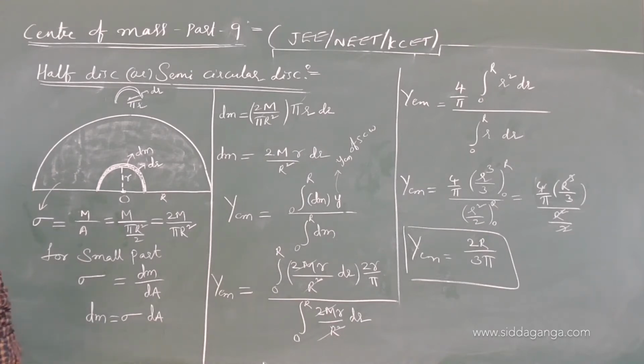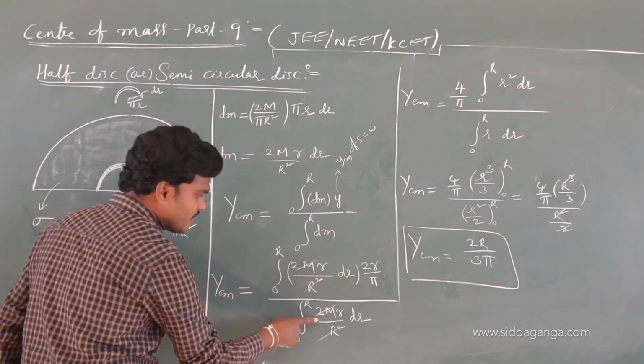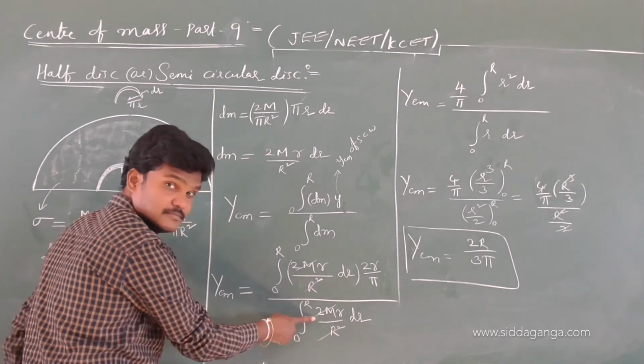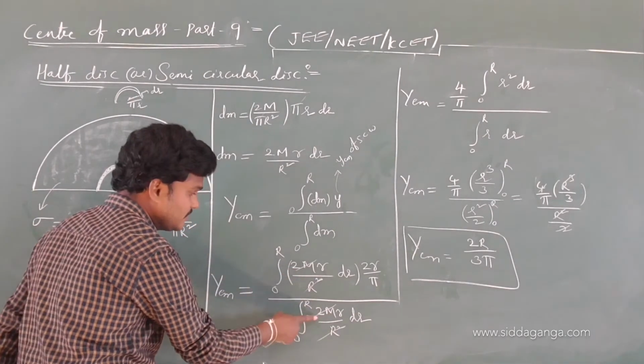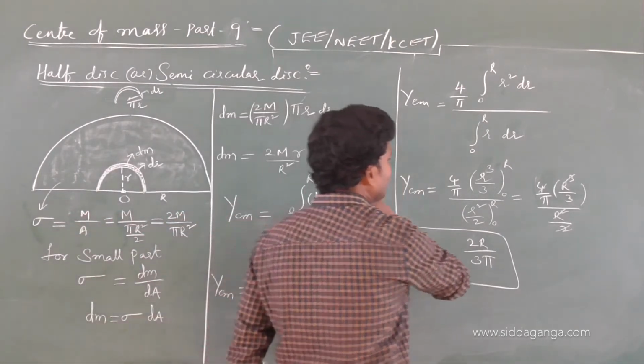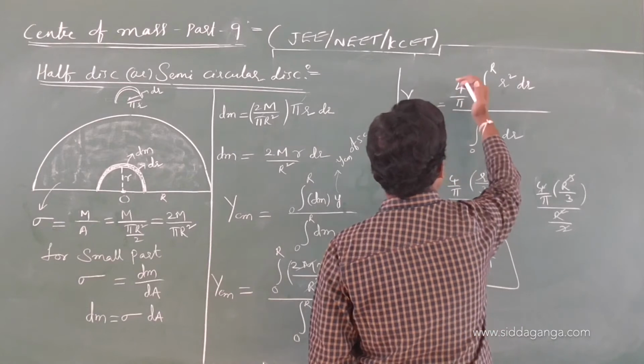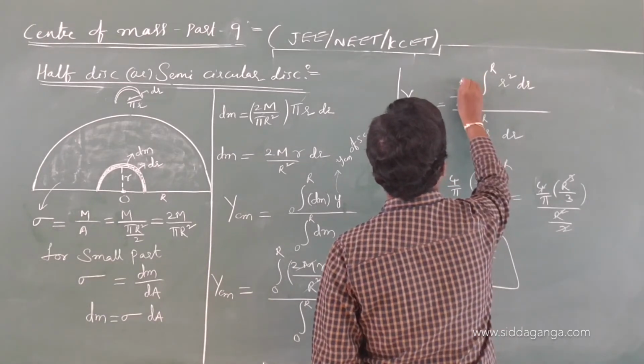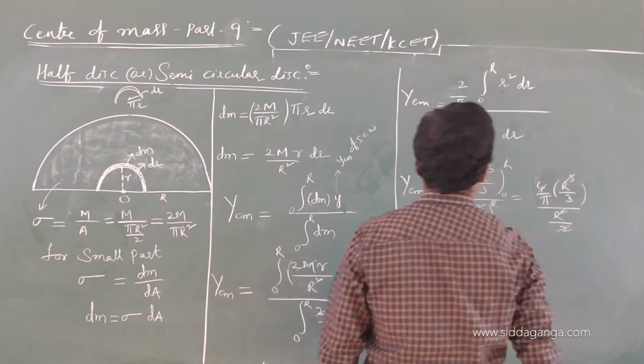Check the calculation once. This is pi r dr, 2mr. Yes, these two already cancelled. Be careful with calculations. See, these two already cancelled. Then here what will come? 2.